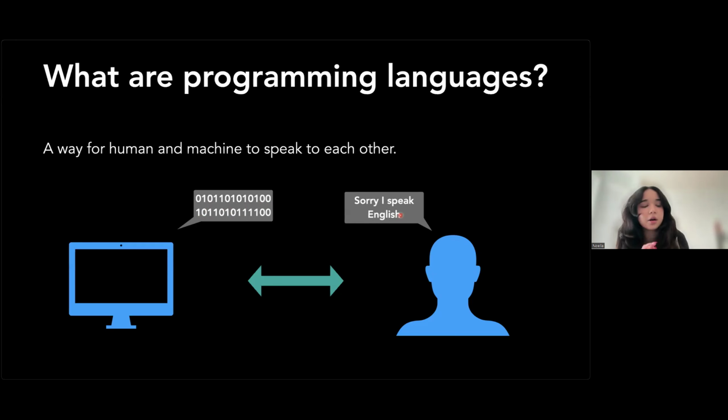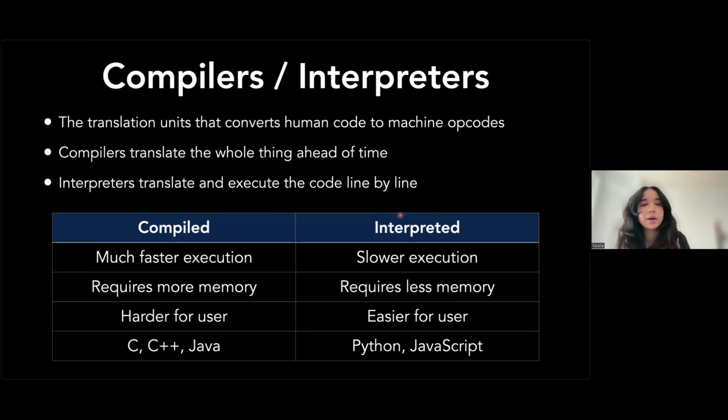So there are two key types of programming languages. You have your compiled languages and you have your interpreted languages. Compilers and interpreters are both very similar, and they are essentially just the translation units that convert human code to the machine opcodes that your CPU understands.